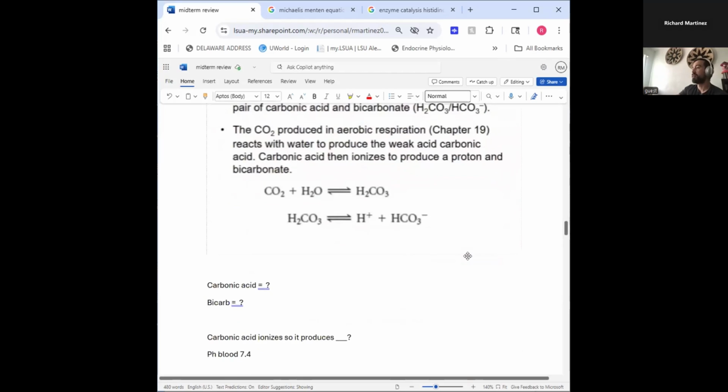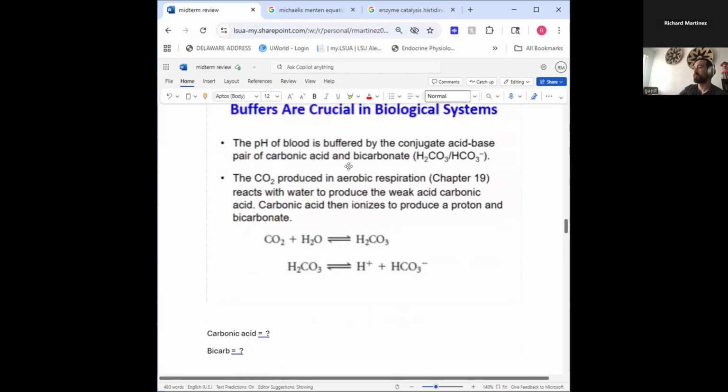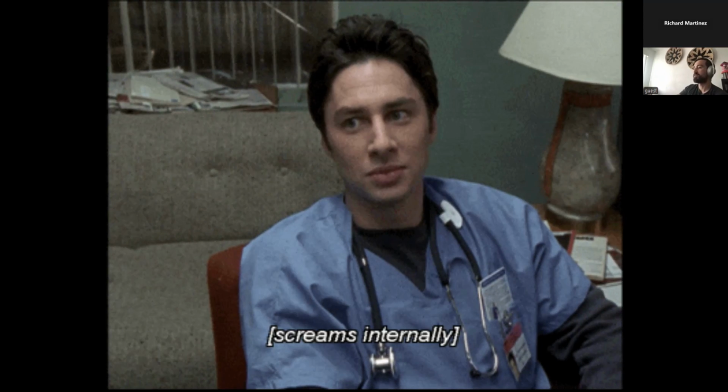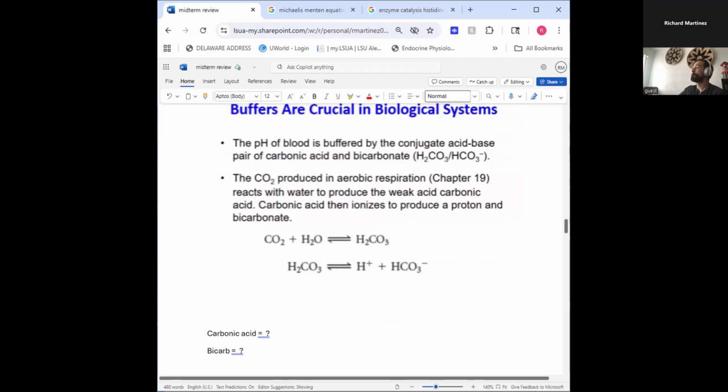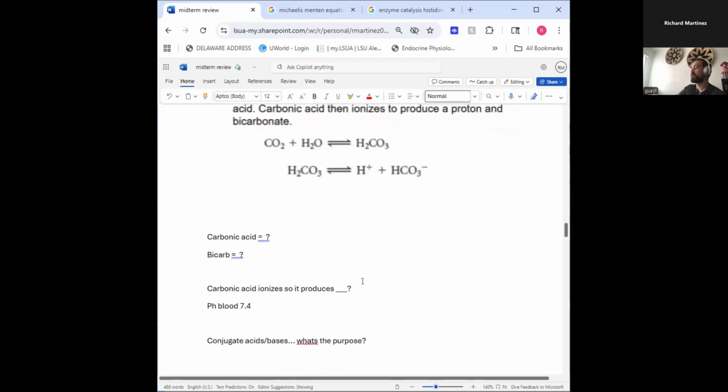So which one is carbonic acid? Which one's bicarb? They have it listed respectively, but H2CO3, that's carbonic acid. We've got bicarb as HCO3 minus. The pH in blood is 7.4.